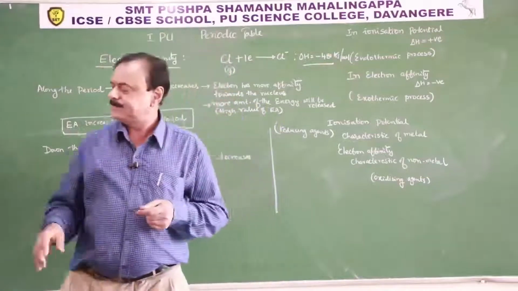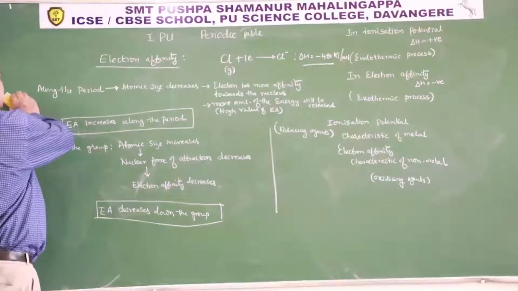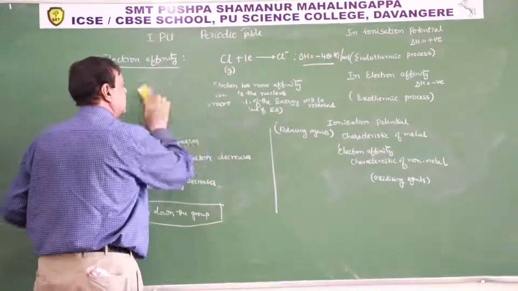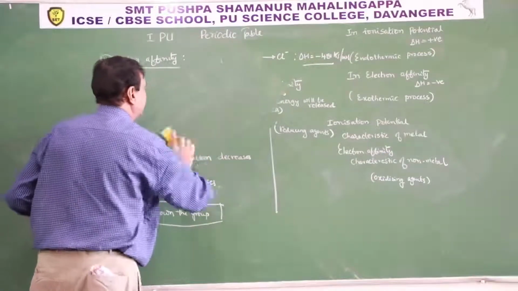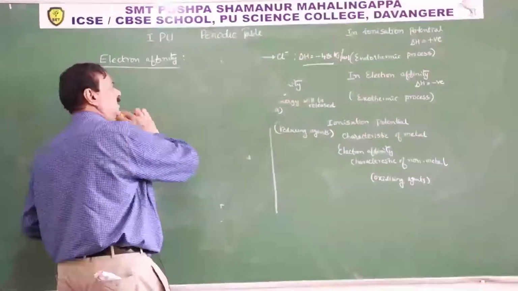According to the general concept, fluorine should possess a higher electron affinity than chlorine, but it is smaller. Why is this so?